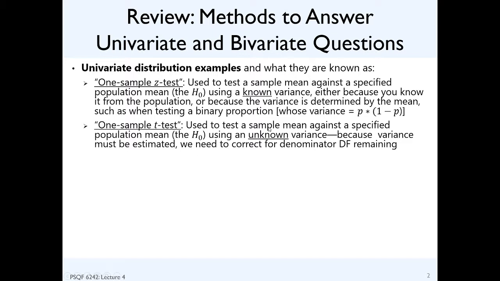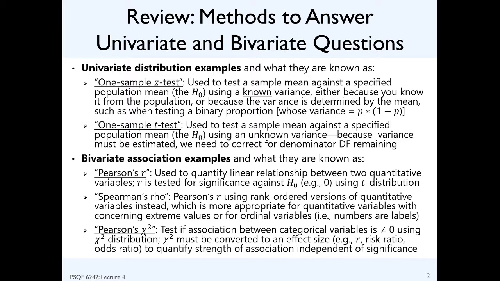A one sample t-test is what it's called when you're testing a sample mean and you don't know the variance. For example, Kelly wants to know if her sample has the right proportion of white versus non-white people. That's an example of the latter, where you're going to have to estimate the variability around those numbers.